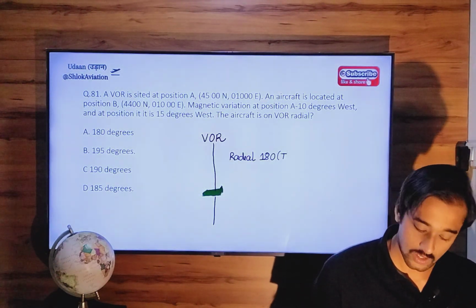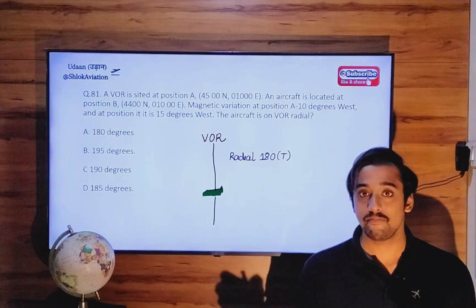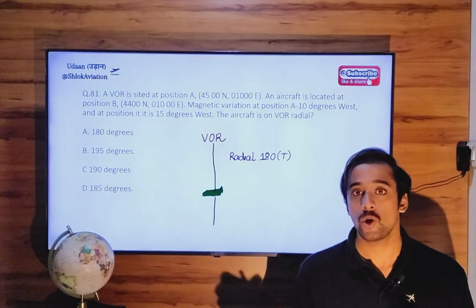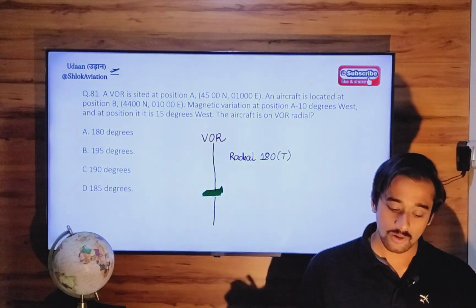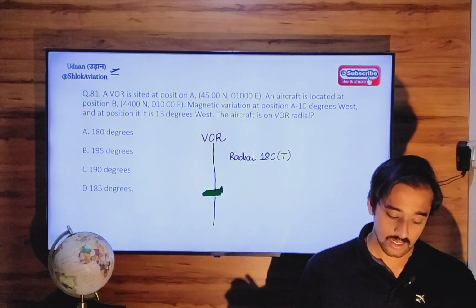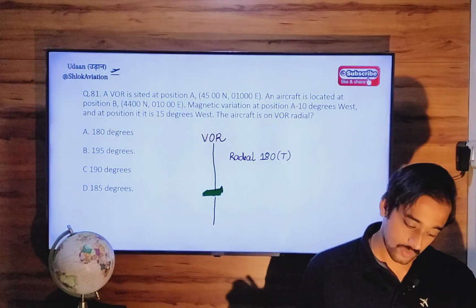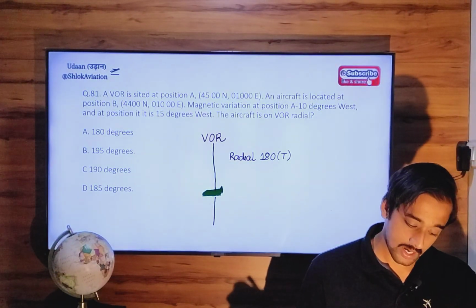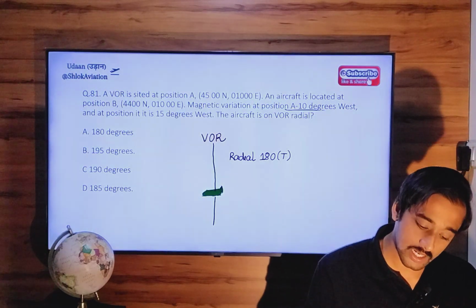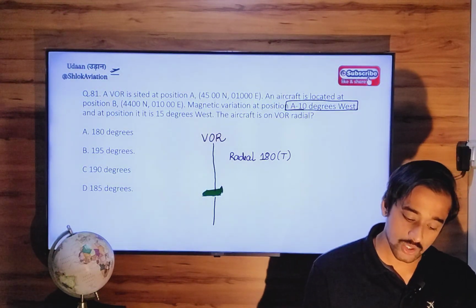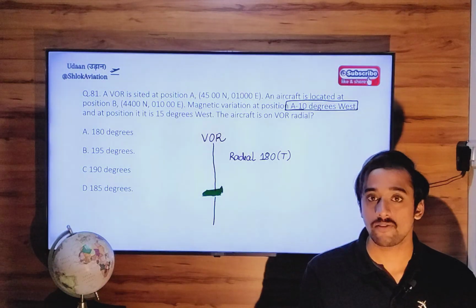True. Now we have to find radial in magnetic direction because all VOR radials are magnetic. So use the variation existing at VOR. It's given that magnetic variation at VOR is 10 degree west. Make sure that you are using the variation at VOR station only.